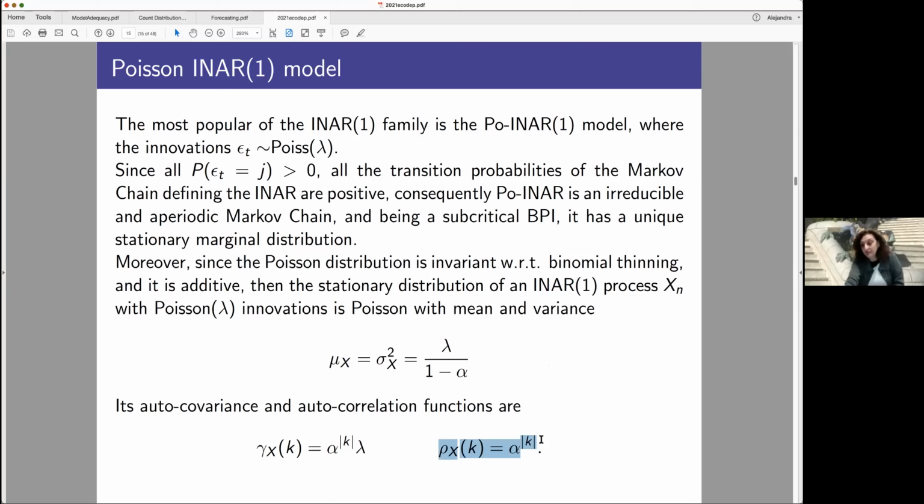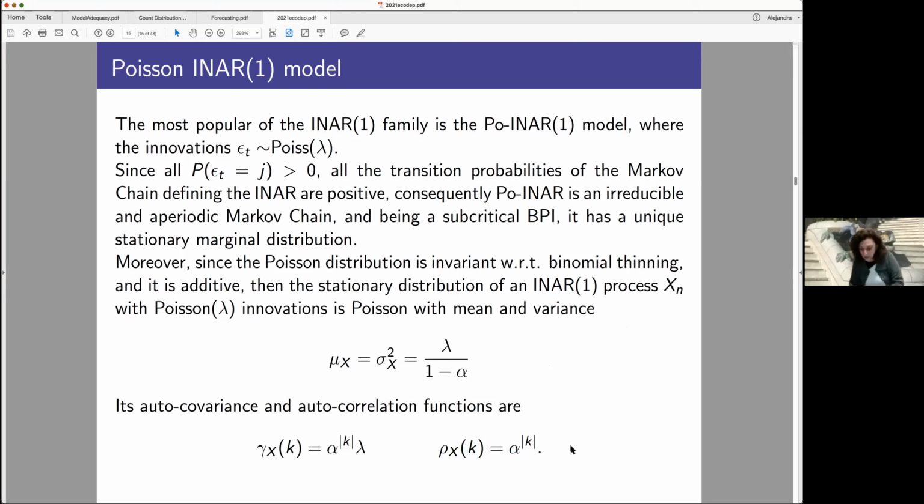It's the first time I write it in this talk, even though I said it many times. This is exactly the same shape as the autocorrelation function of an autoregressive process of order 1 in the Box and Jenkins setup.